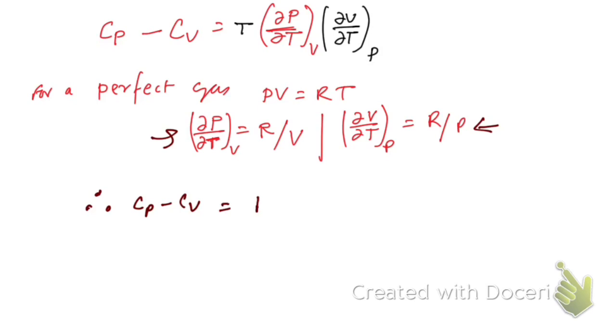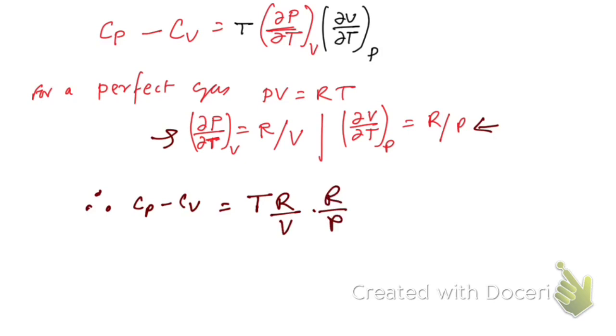So here what we're going to have is T, R by V actually. And again R by P, that's what we're going to have.